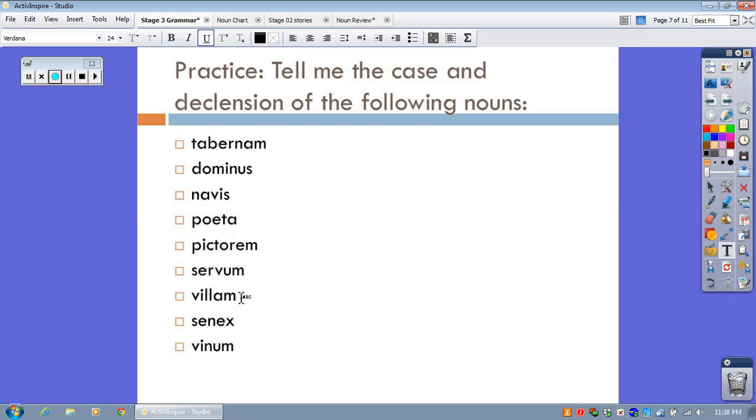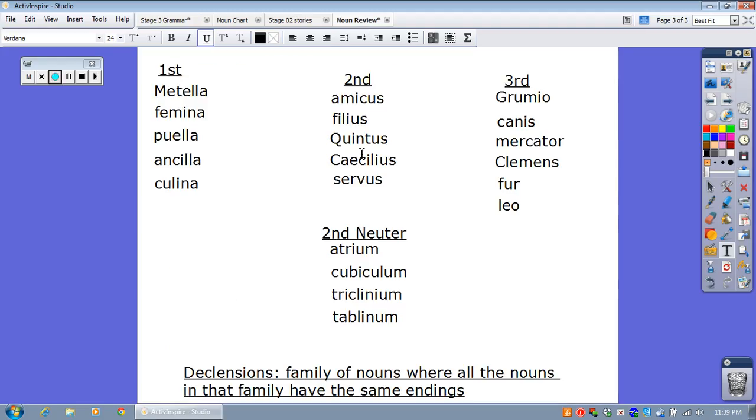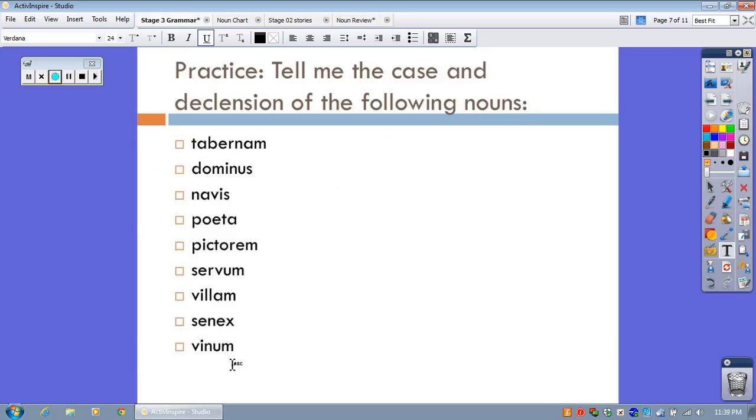Ancillam ends in an -am, that's accusative case, first declension. Senex, meaning old man. Notice how it just has some random ending here. That's going to be a nominative noun in the third declension. And then finally, vinum. And I'll go ahead and tell you that vinum is one of these nouns here, second declension neuter. So vinum can be either nominative or accusative, but it's in the second declension.